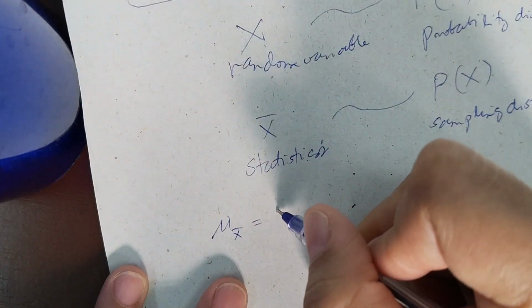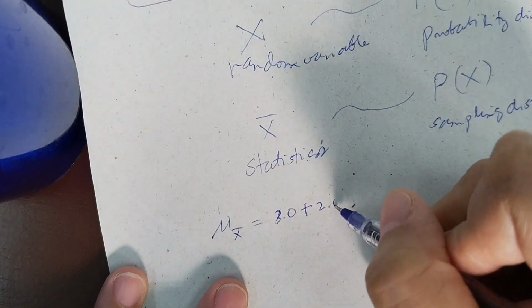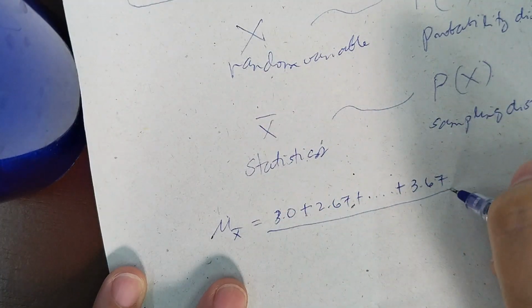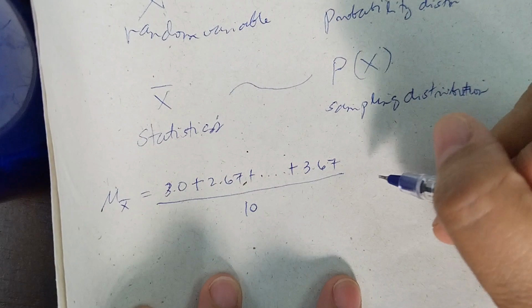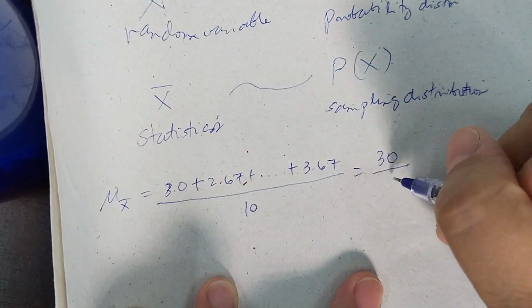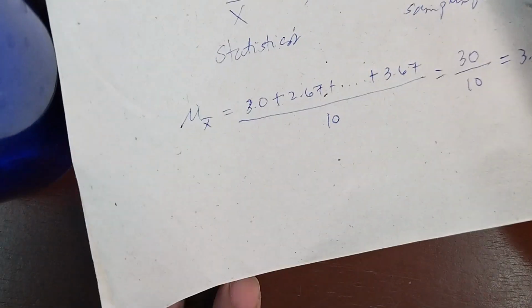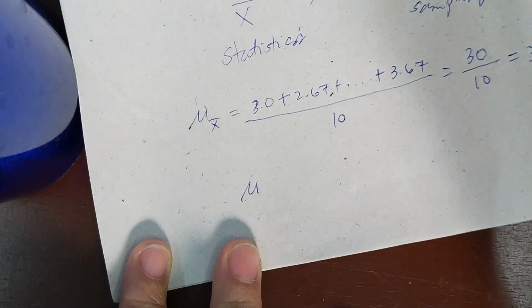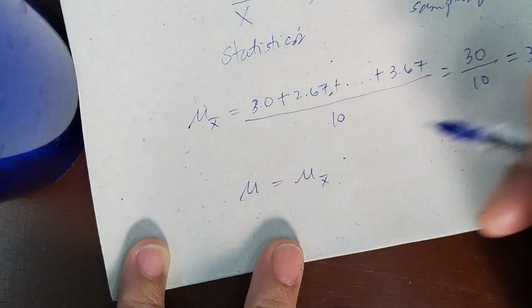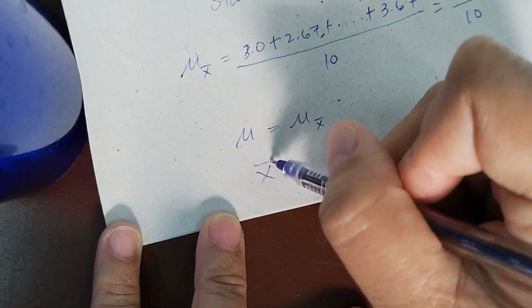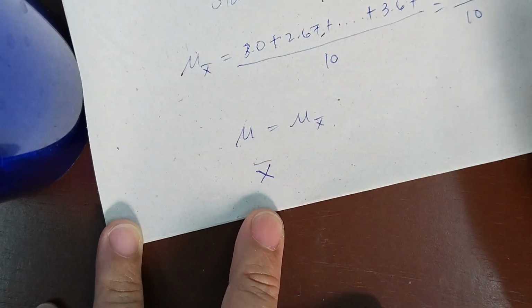So we have 3.0 plus 2.67 plus all those up to 3.67, over 10 samples of size 3. So this is actually 30 over 10, assuming there is no rounding off. So this is 3.0. You see, your population mean is actually equal to the mean of your X bar. So ibig sabihin, your sample mean is a good estimate of the population mean.